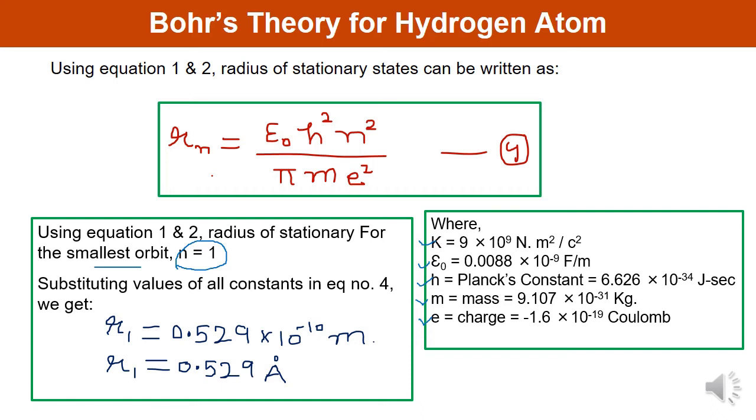This is the radius, and if you are calculating the diameter, it will obviously be twice the radius, so 2 into r1, where r1 is given. If you calculate, it would be approximately 1 Angstrom.